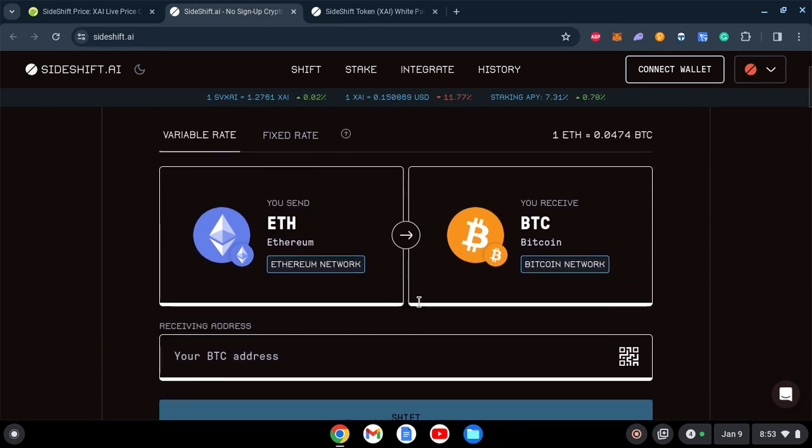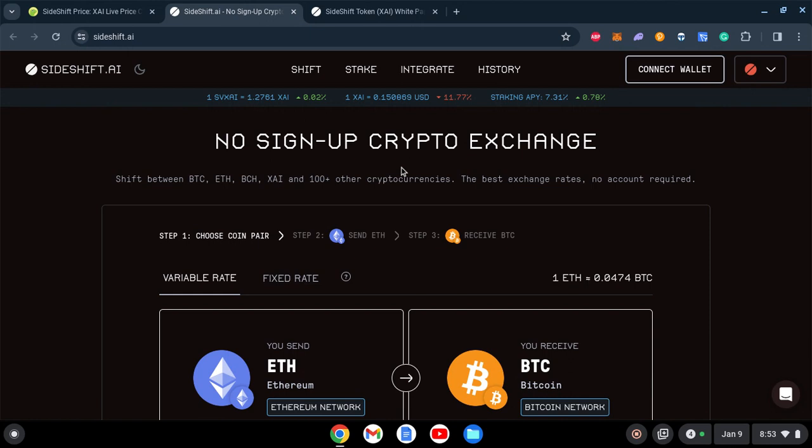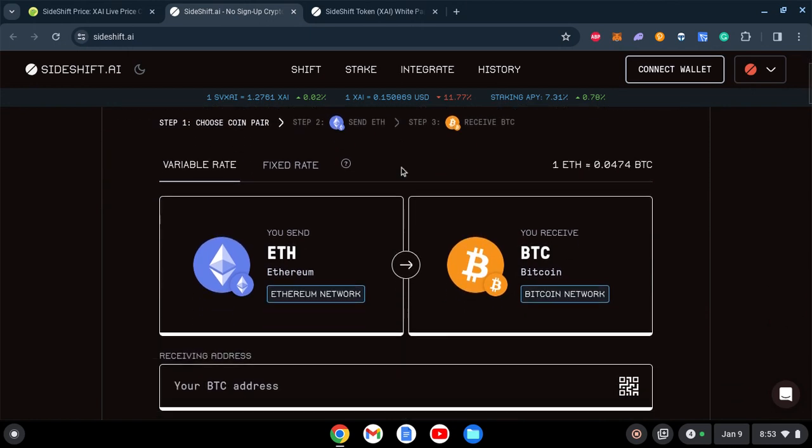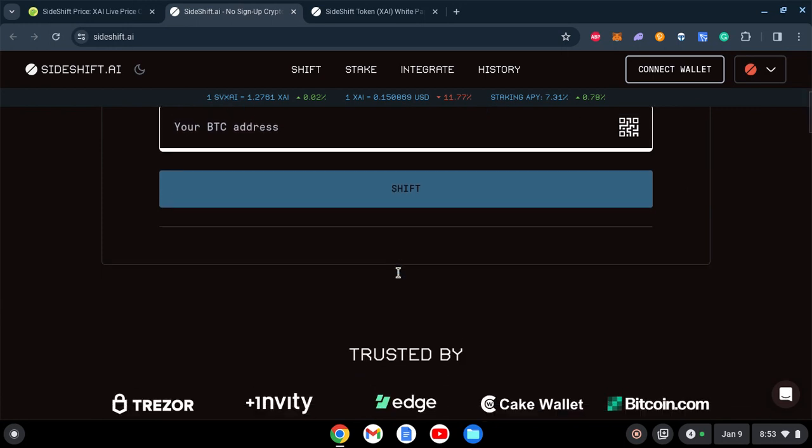This is very similar to Shift, which was a very old project. I'm talking about 2017, 2018. I don't know whether that project is still going or not, but it is very similar to Shift, and it was a very convenient way to exchange your cryptos at that time, and I'm sure that it is very similar to that concept right now.